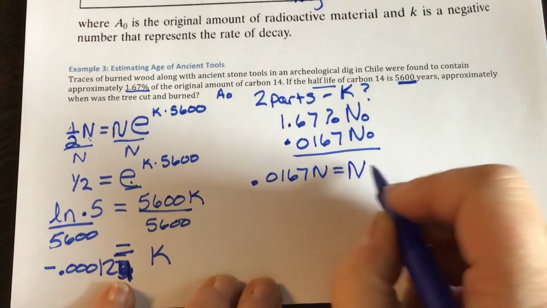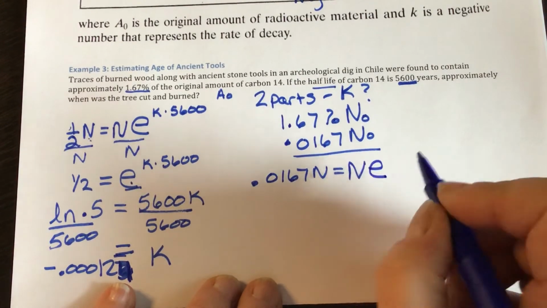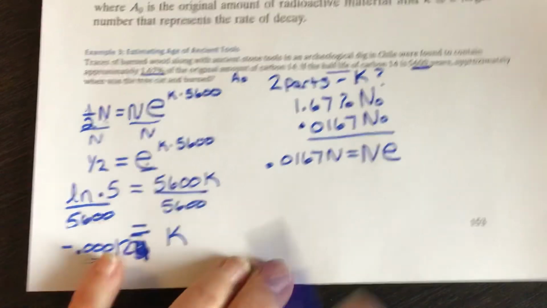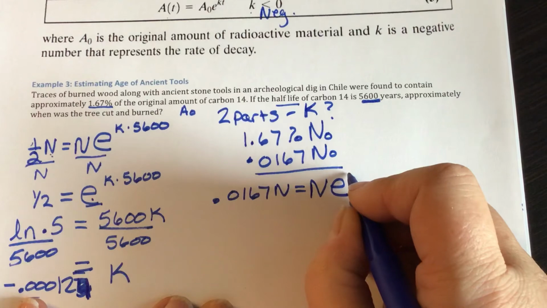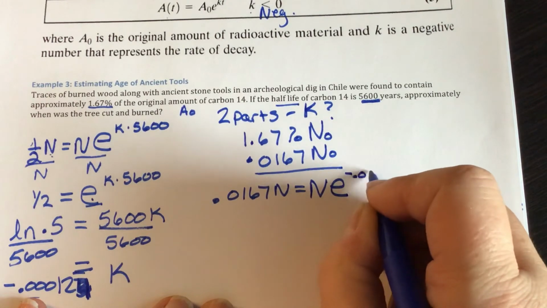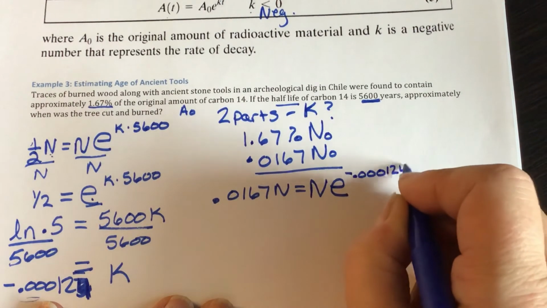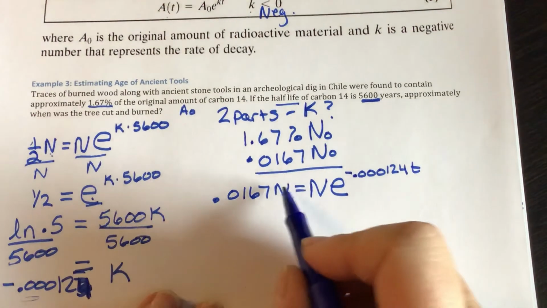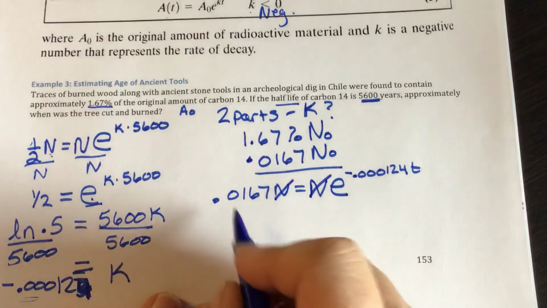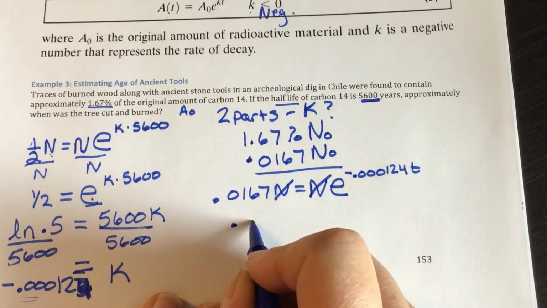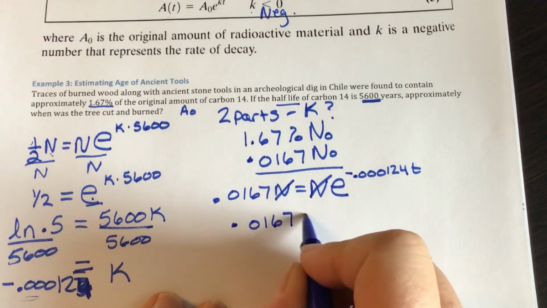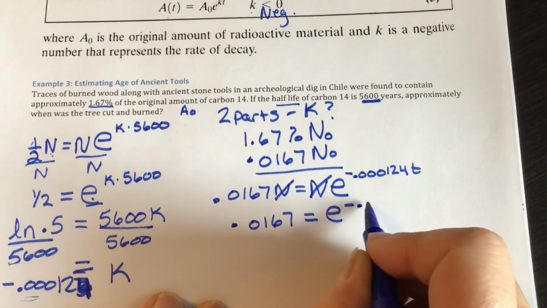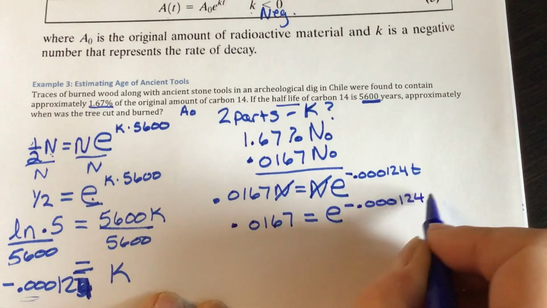So N times e, and my K I know from down here, so I have times negative 0.000124 times t. Okay, again, my N's cancel. I have 0.0167 equals e to the negative 0.000124t.